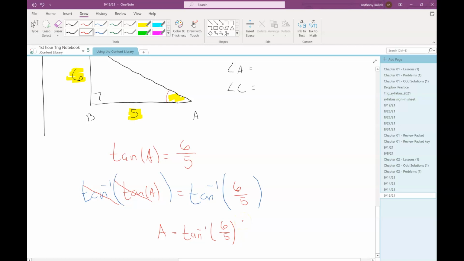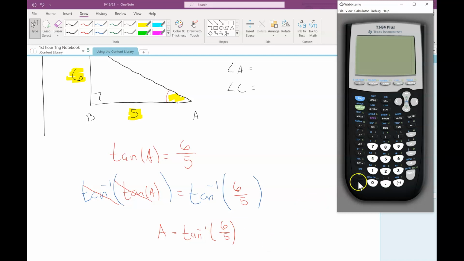Is everybody okay there? Does this ring some bells from your geometry course? I know that was a long time ago, or potentially a long time ago. So let's type this into our calculator and get the value for angle A. What do I have to be careful about when typing this into our calculator? The mode. So typically on a question like this, how would we report our angles? In degrees or in radians? Degrees. Yeah.